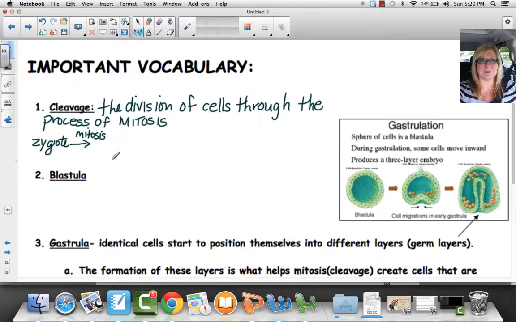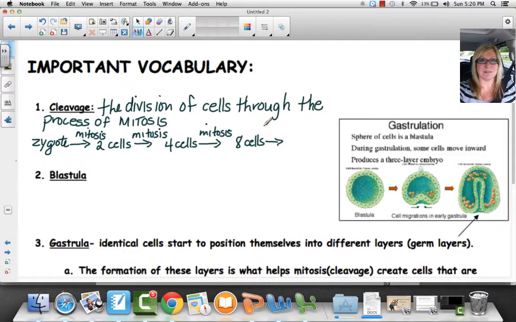And what that does is it produces two cells. And then those two cells undergo mitosis. And that produces 4 cells. And that undergoes mitosis. And that produces 8 cells.